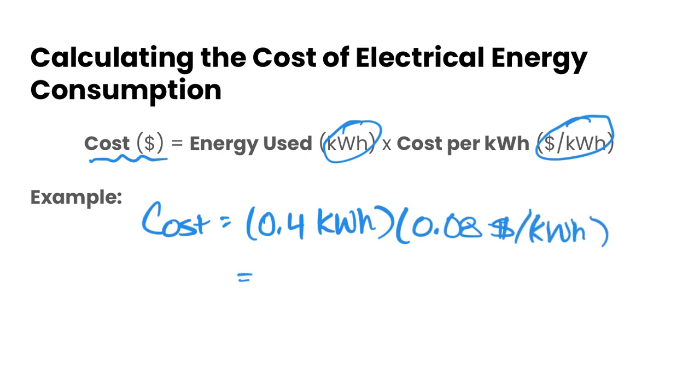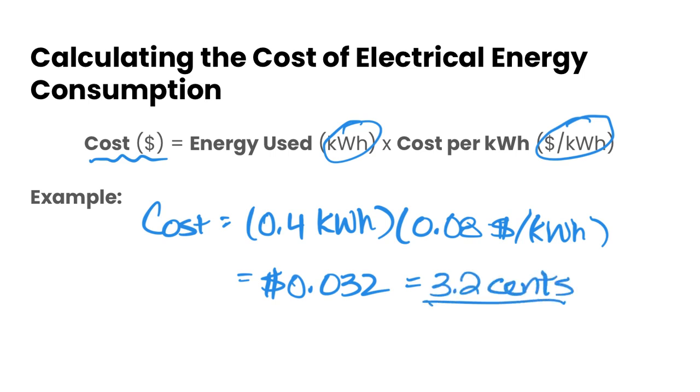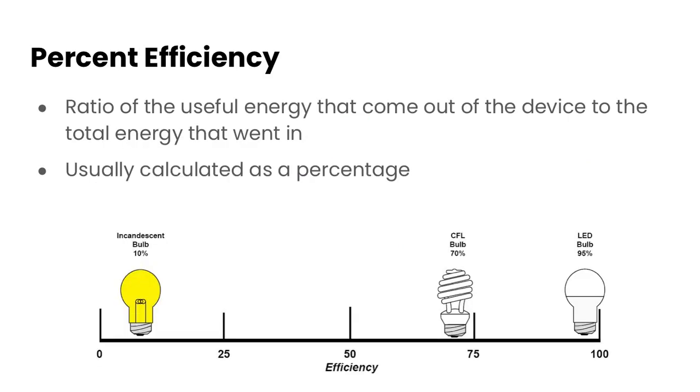Then our cost for using this is $0.032, which is the same as saying 3.2 cents. Now that might not seem like a lot, but this adds up over time. And so all of our electrical devices can be quite costly as we use them in our homes.